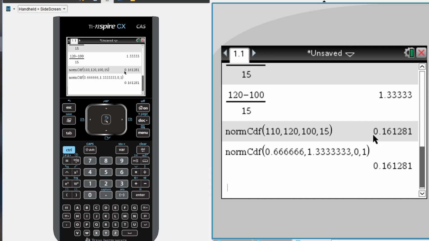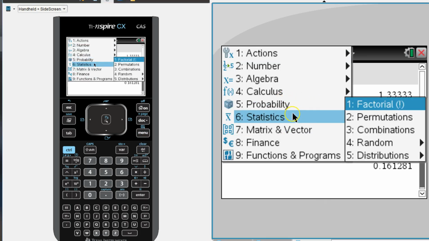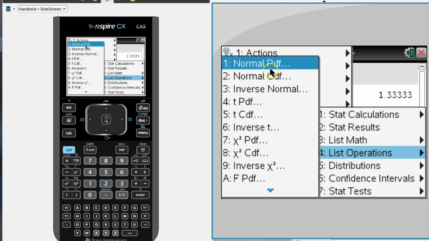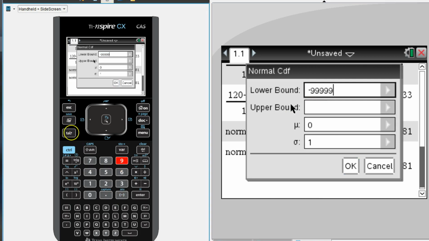Either way, let's see. Statistics, distributions. Negative infinity, I'm going to leave that alone. You could put negative 99999 and do the same thing. Our upper bound, we were going to a score of 95 with a mean of 100 and a standard deviation of 15.